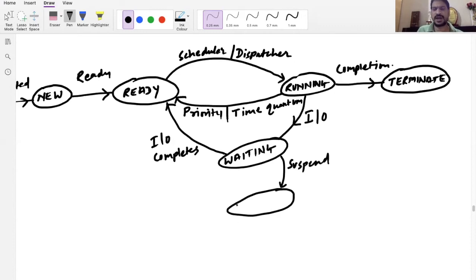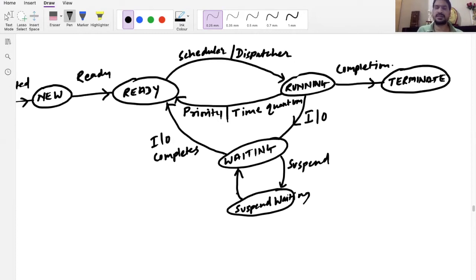When we suspend, it will go into the suspended state. And because it is coming from the waiting state, it will be suspended waiting. This is the suspended waiting state. From here, it can come into the waiting state when we resume it.